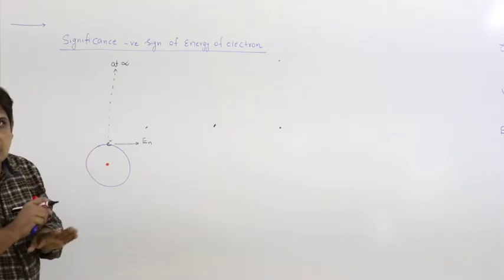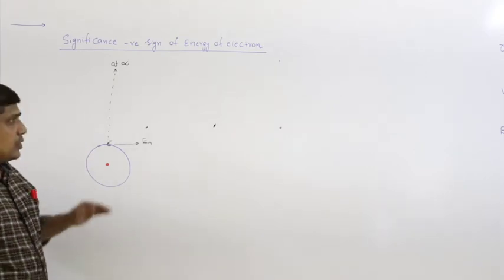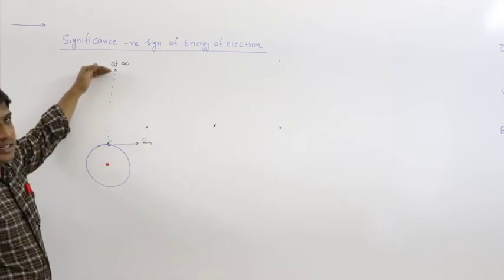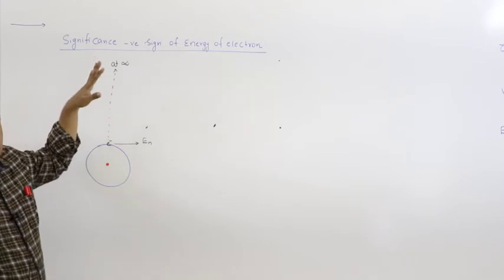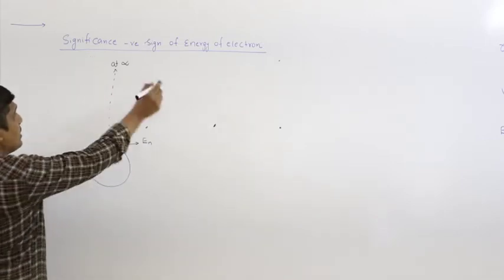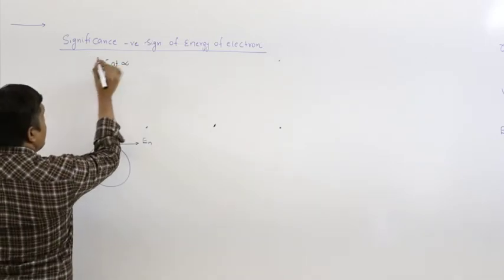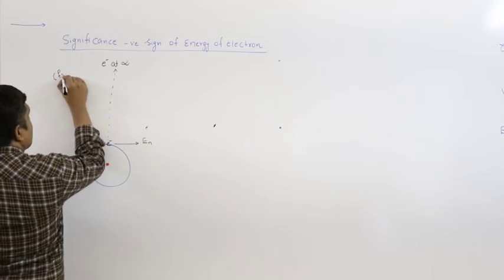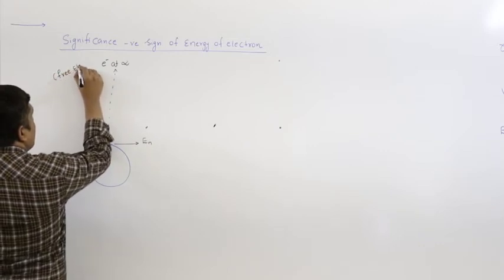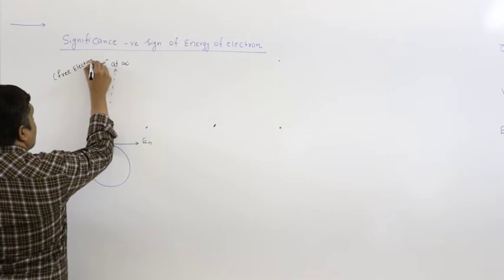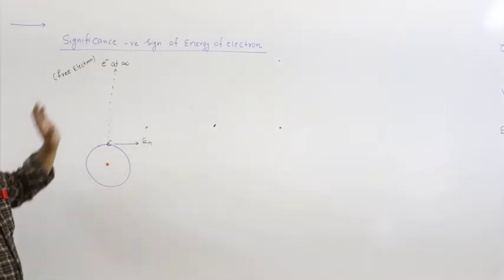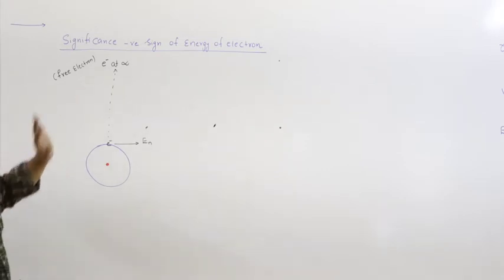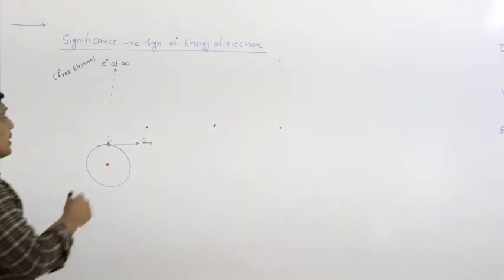So here the electron is said to be a free electron. An electron which is not under the influence of any attraction force, we call a free electron. That point we call infinity.